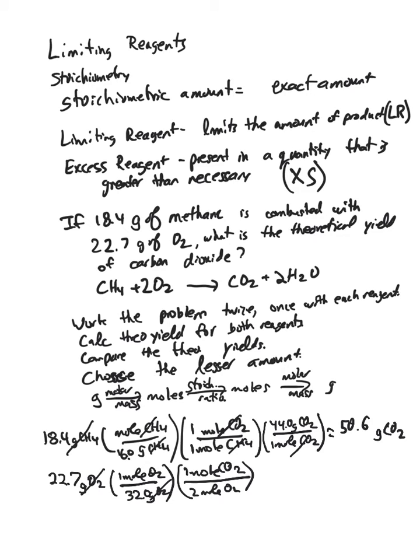So grams O2 divided by grams O2, moles O2 divided by moles O2, and now 44.0 grams carbon dioxide is the same as 1 mole carbon dioxide. So moles carbon dioxide will cancel, and that would give us grams carbon dioxide. So 22.7 divided by 32 times 1 divided by 2 times 44 would give us 62.4 grams of carbon dioxide.